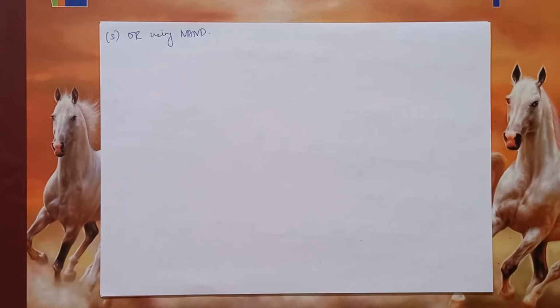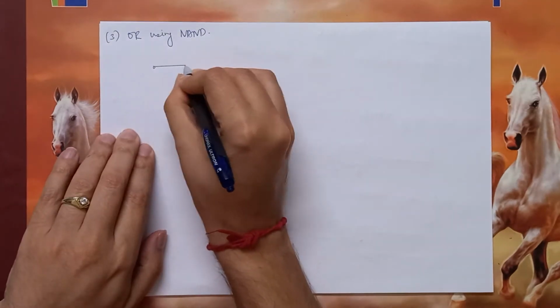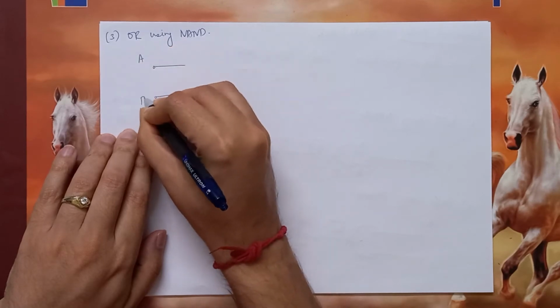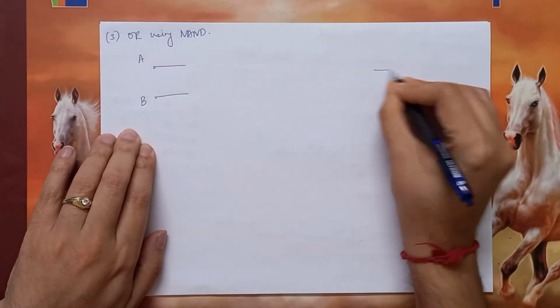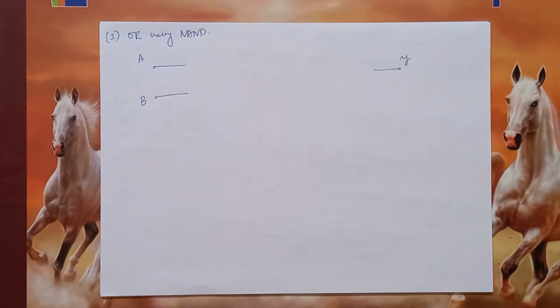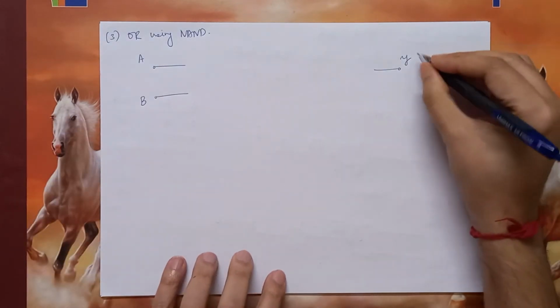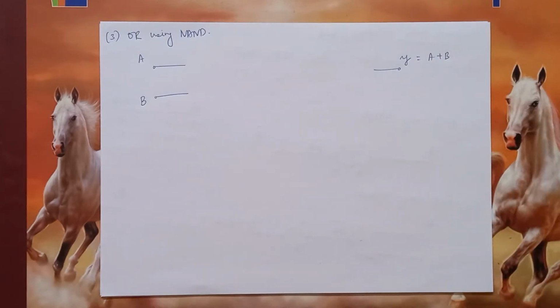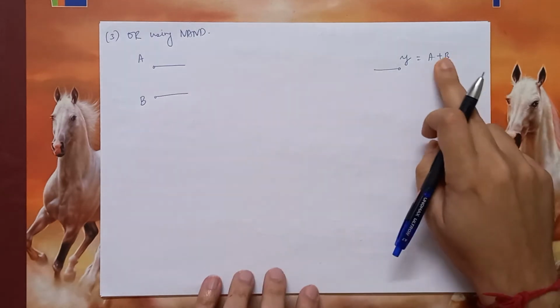So to realize OR using NAND, once again, we will have two inputs and we need the output Y that should be equal to A plus B. This is what we need. Now, we are in a bit of a dilemma because we have this plus thing.